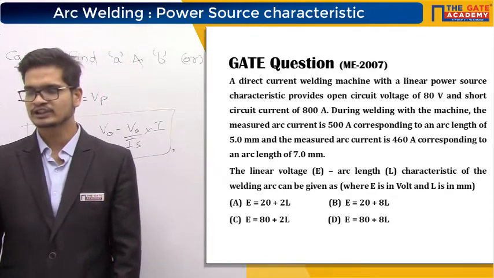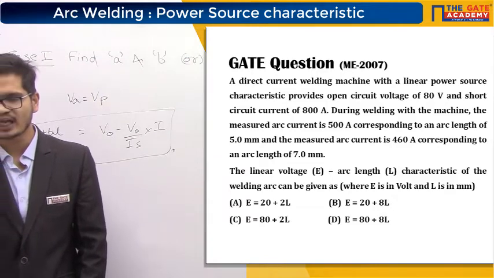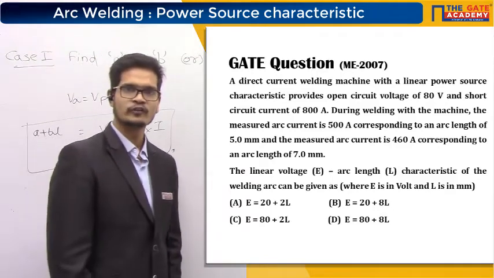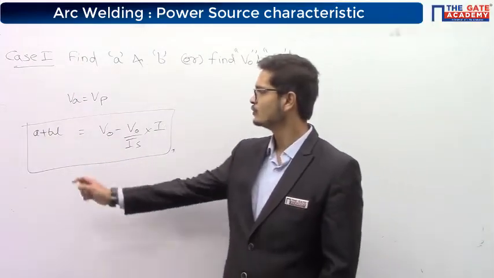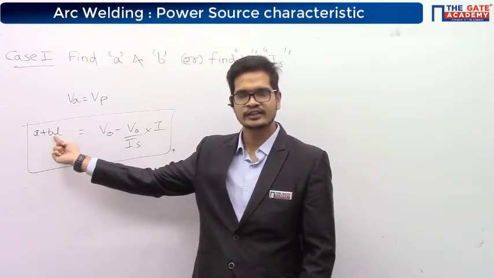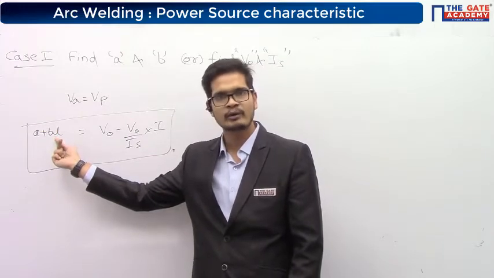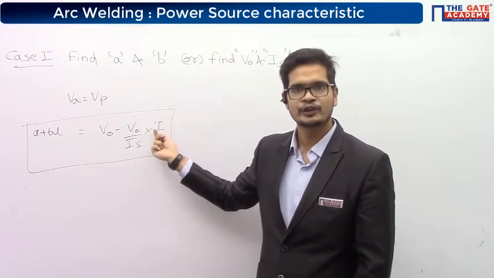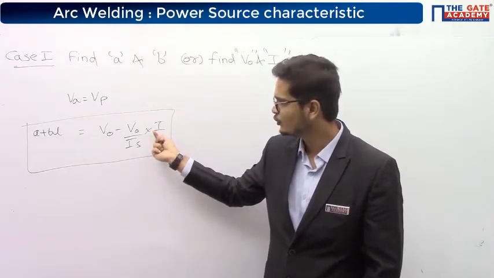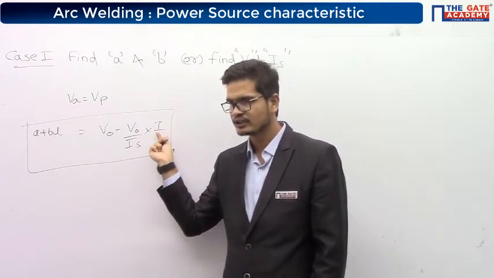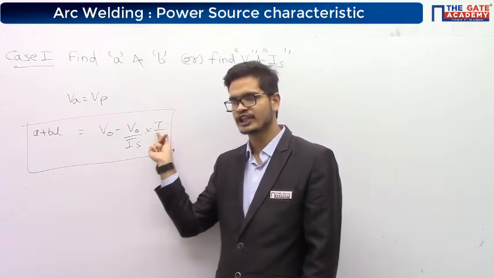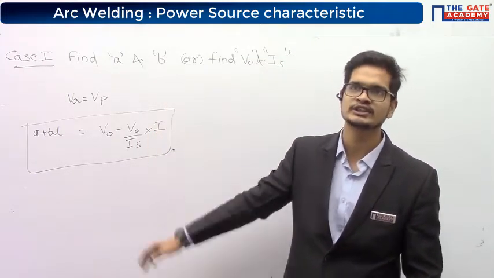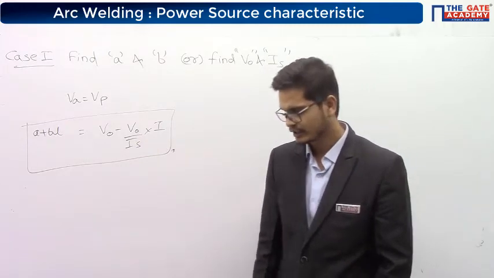The linear voltage arc length characteristic for the welding arc can be given as. Simply they are asking you the value of A and B. So you know the two values of arc length, 5 mm and 7 mm, and for the respective arc lengths they have given two values of the current, 500 ampere and 460 ampere. So by using these two values, form two equations and solve them.